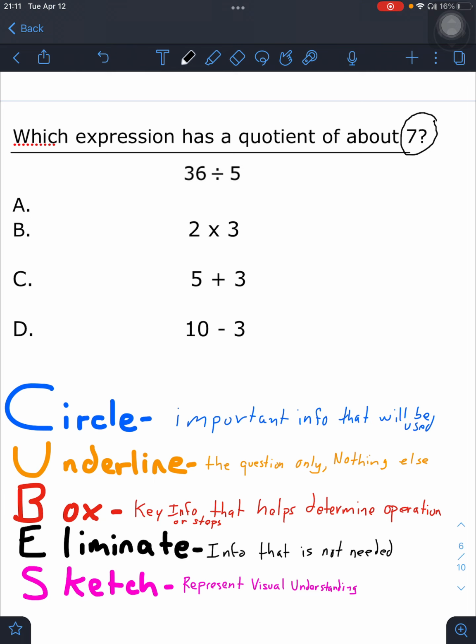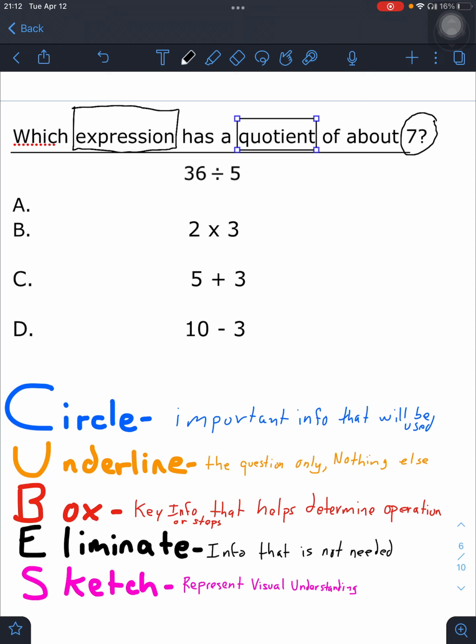Placing a box around the key information, which helps us determine the operation. So here we have the word expression, key information, expression, vocabulary term. We have to know what expression means in order to be able to properly determine the correct answer. Expression, and then key piece of information is quotient.